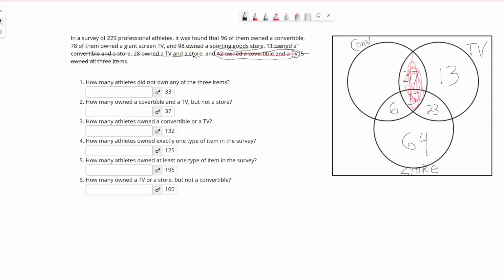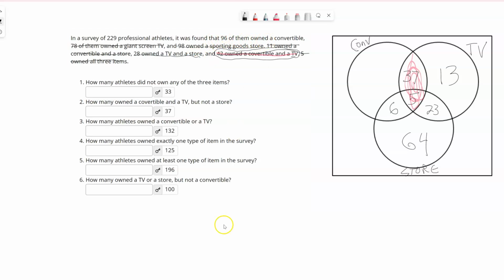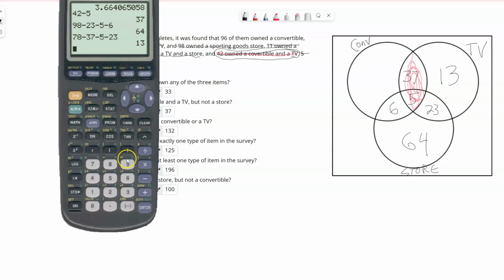Almost done with labeling our Venn diagram. 96 owned a convertible. 96 minus the 37, 5, and 6 already accounted for gives 48.